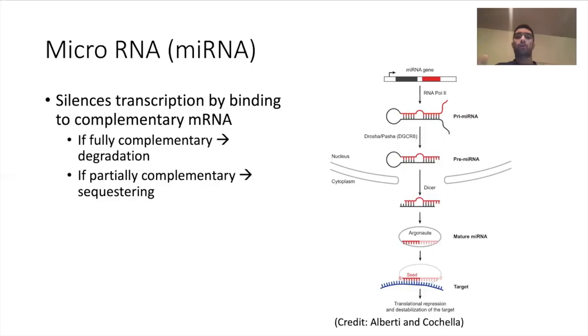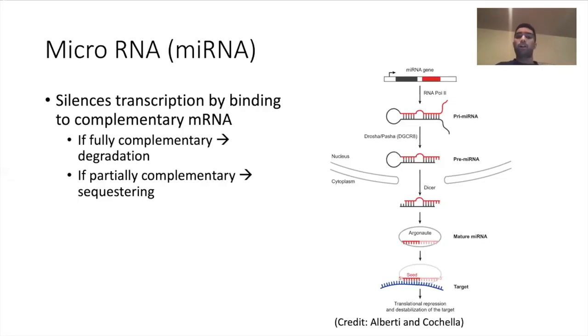So the cell creates an miRNA, and if that miRNA is fully complementary to an mRNA that the cell has made, then the miRNA uses some complicated proteins like the Argonaute protein to chop up that mRNA, and that stops that mRNA from being translated into protein. So then it's useless, it's been silenced, and that gene will not be used while that's happening.